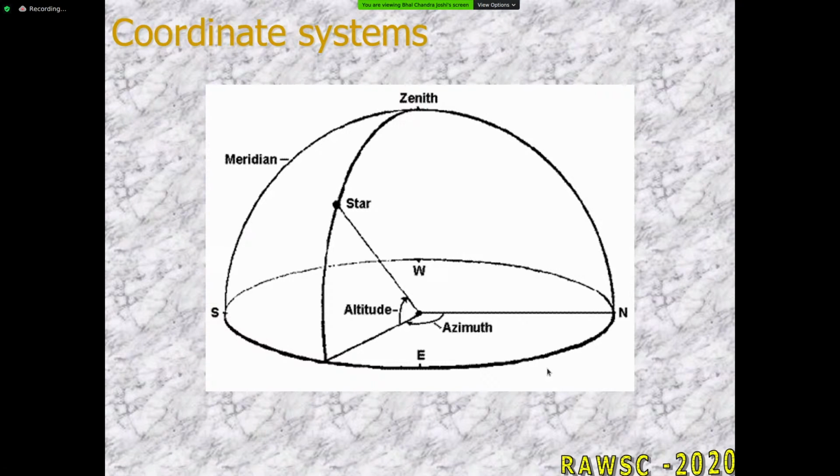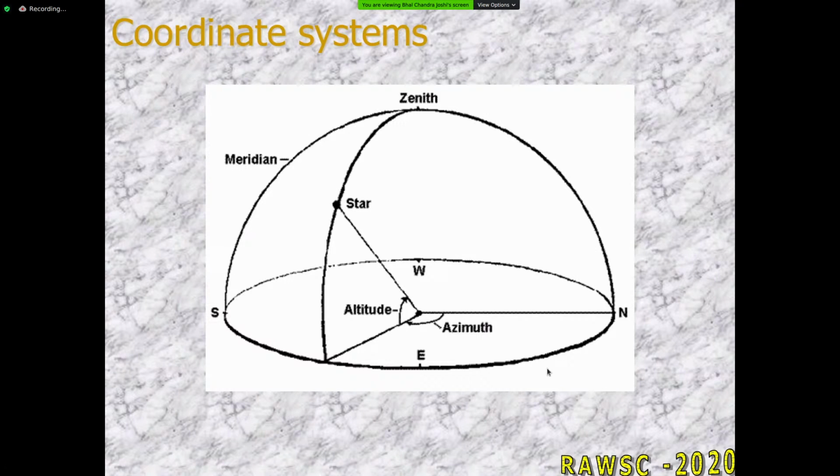Fine. So if there are three astronomers and one of the astronomers has discovered a star and he wants to tell the other two astronomers who are not in the same geographical location, say the astronomer who's discovered a star is me in Pune, and I want to tell somebody in Australia and somebody in the US.